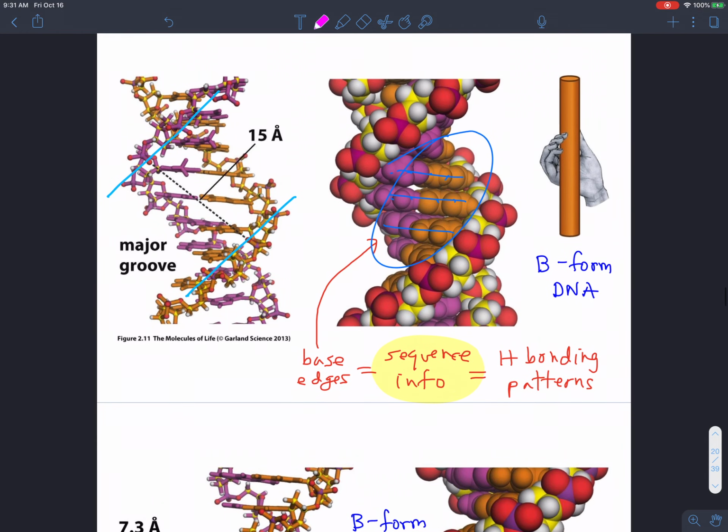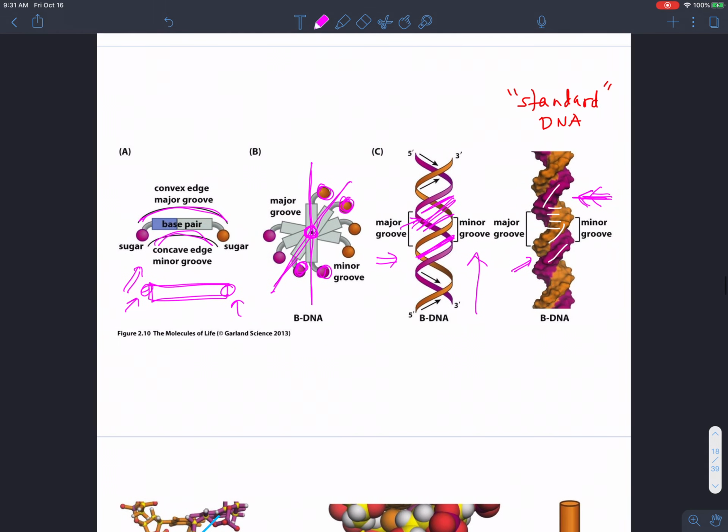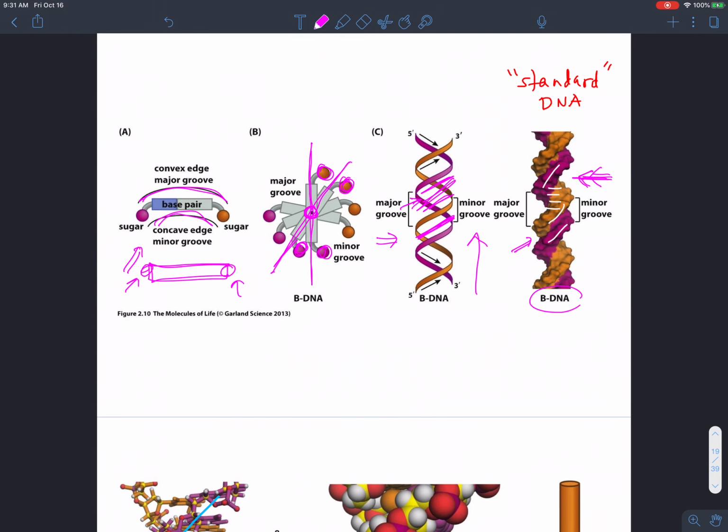Here's just a little bit more on that. Let me say that this type of DNA is called B-DNA. There are other kinds of DNA. We'll look at something called A-DNA, or RNA for that matter. And there are other kinds, C and D and Z DNA, other conformations of the DNA, but we won't talk about these.